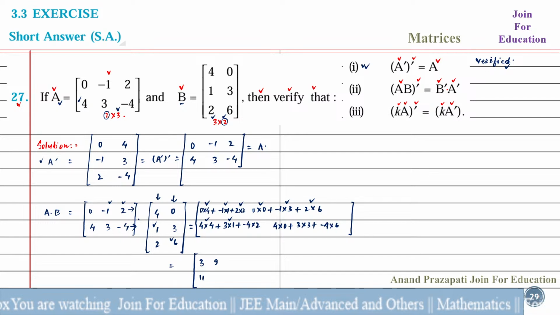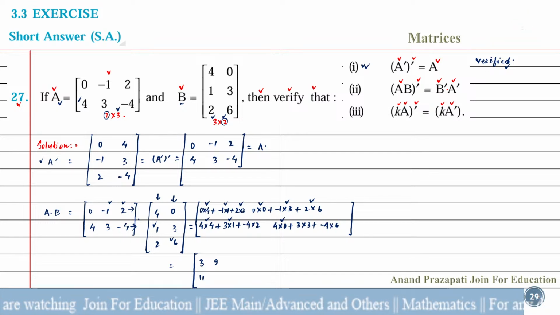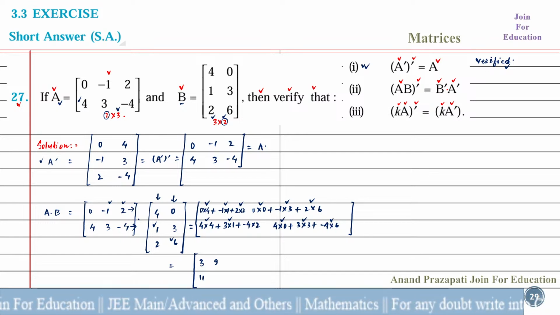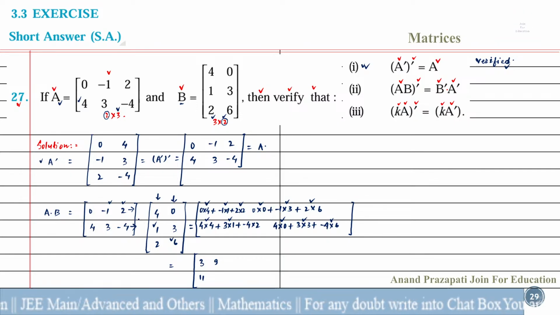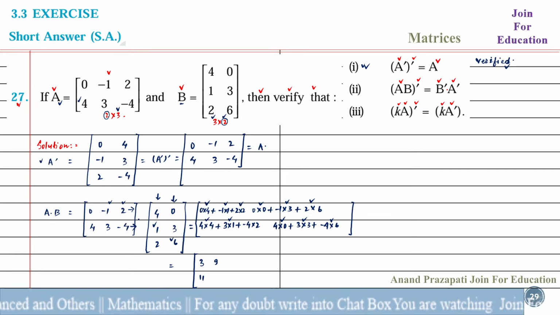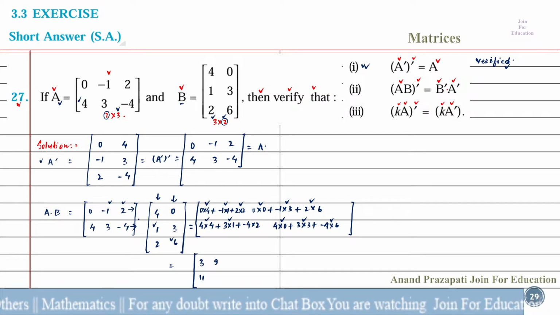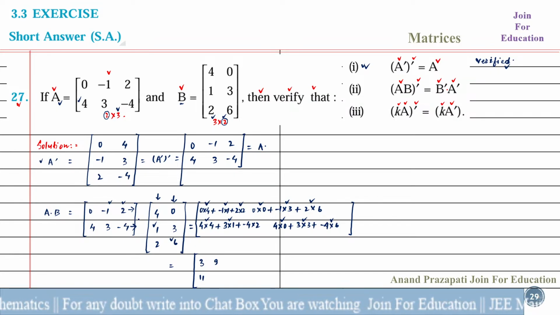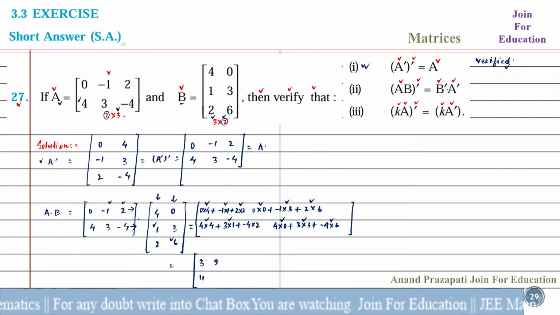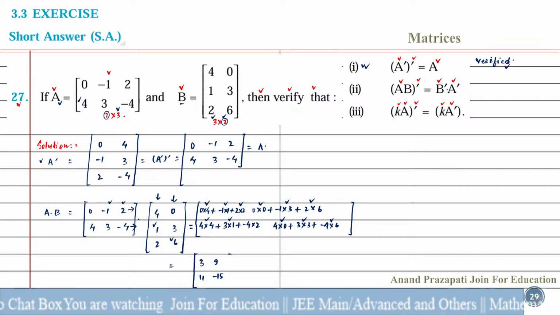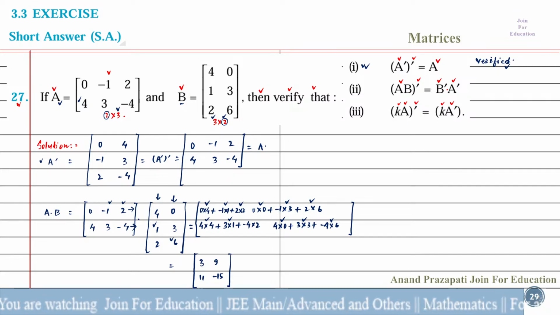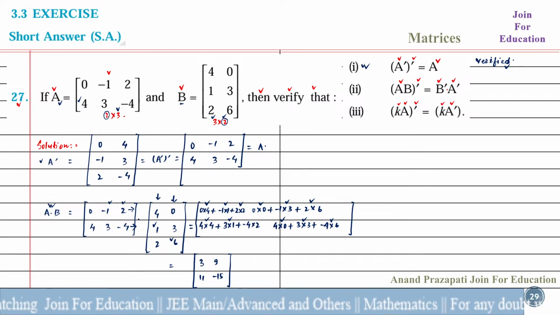And 0 plus 9 minus 24, so minus 24 plus 9 equals minus 15. There is no problem to understand up to this step. Therefore, AB equals this one.